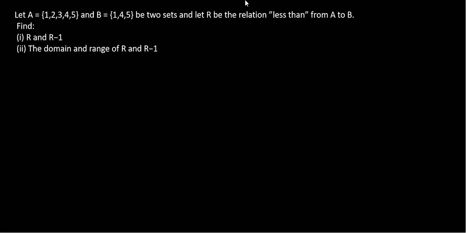Simple, straightforward. Okay, now let's look at the last one. They are saying let A equal 1, 2, 3, 4 and B equal 4, 5 be sets, and let R be the relation less than from A to B. So A is supposed to be less than B. It will be 1 is less than 4.